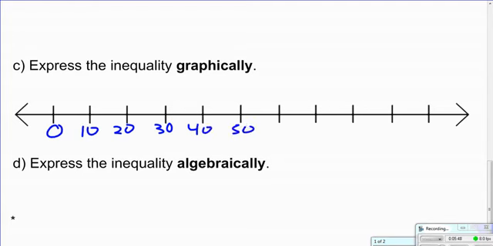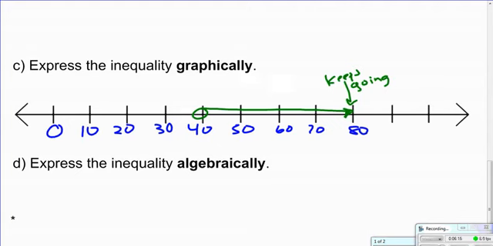Then anything more than 40, so starting at 40 and anything more than 40, and it could go on. You notice how we put the arrow on the end? Now eventually that arrow would have to stop because there's only so many hours in a week, but it could potentially keep going. She could keep earning more for every hour she works over 40.